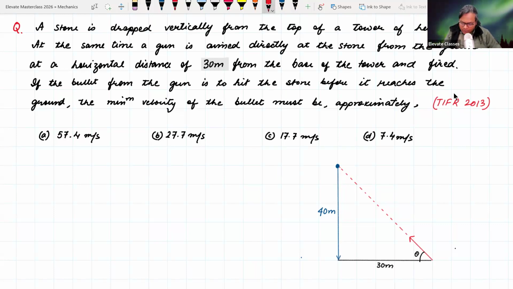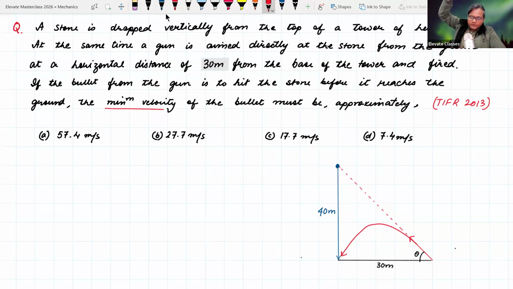But because I need the minimum velocity, essentially I want the gun to shoot a bullet that just reaches the stone before it lands, like somewhere here. Are you understanding?